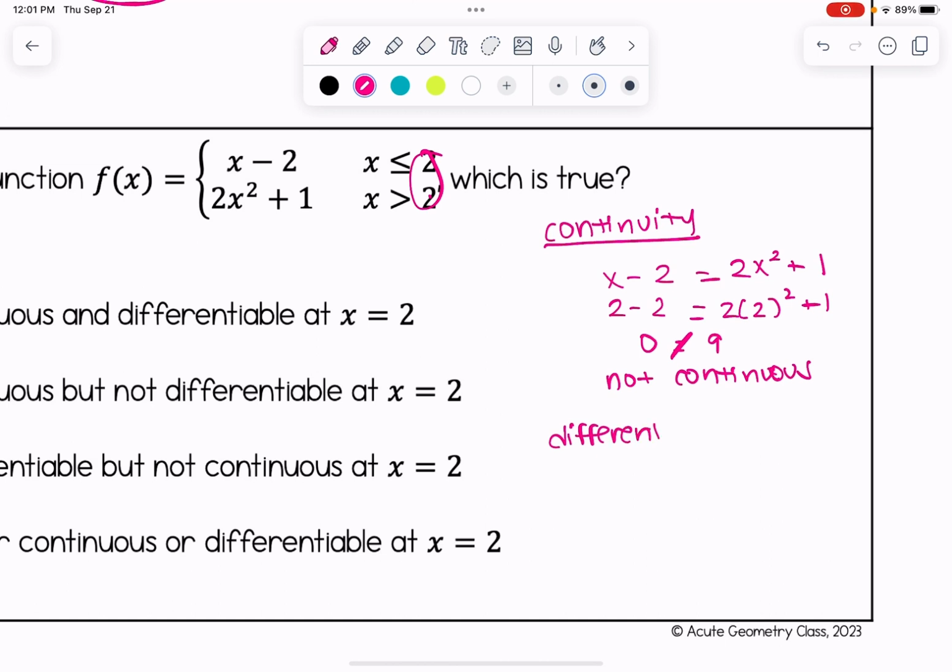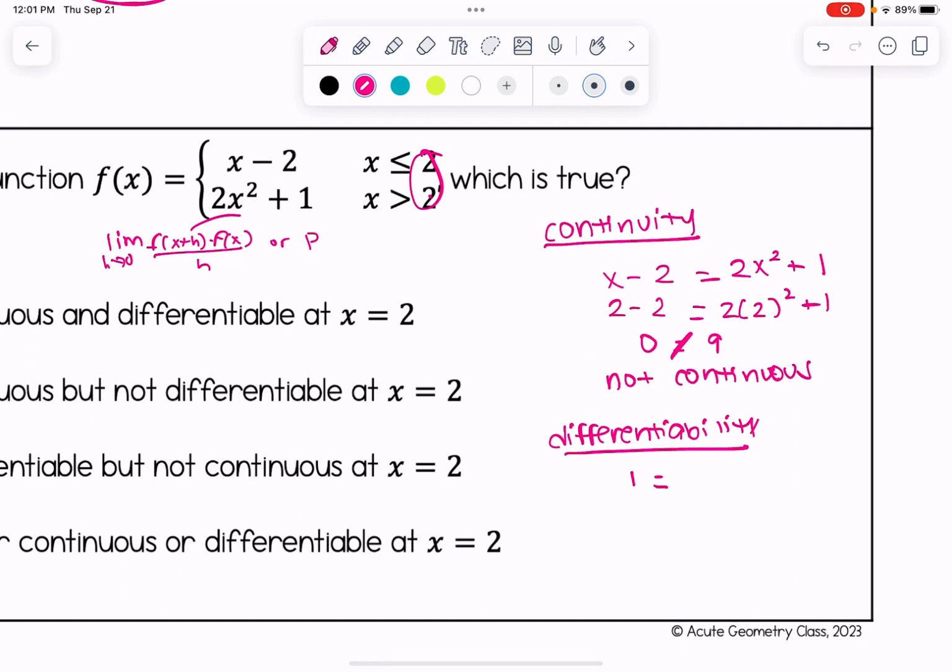Okay, so the way that we can do this is pretty similar, but we're going to do it by using derivatives here. So the derivative of x minus 2 is 1, because that's a line and we have the slope of it as 1. To find the derivative of 2x squared plus 1, we could use the limit definition of the derivative, which is the limit of the difference quotient.